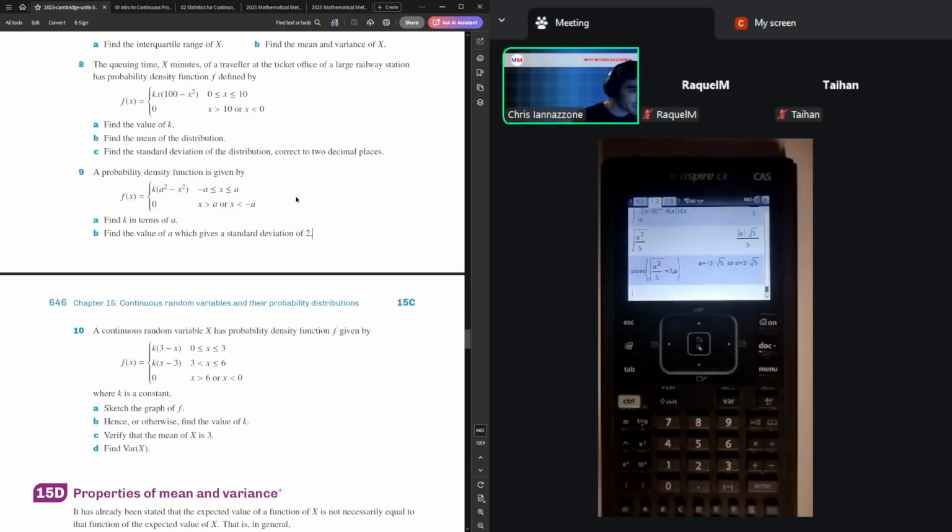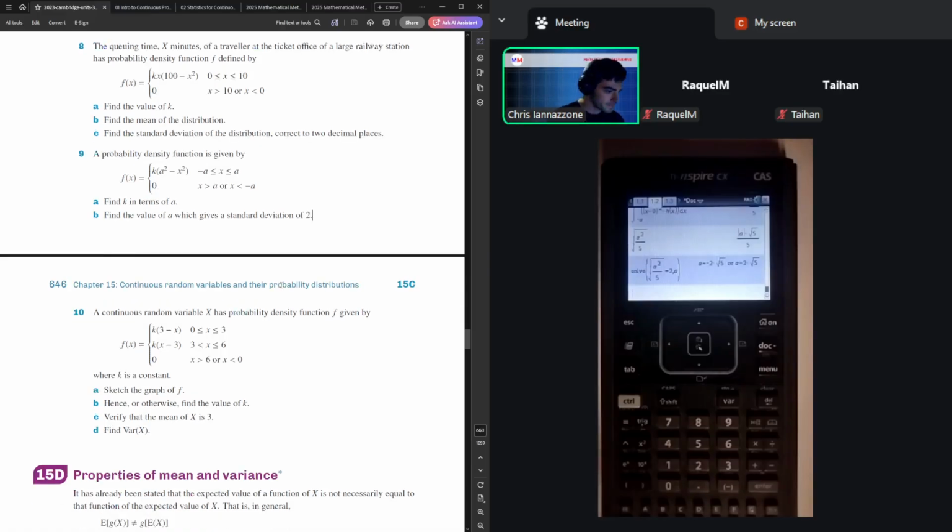If we think about the domain of a from negative a to positive a, because the domains go from left to right, it means that negative a needs to be a smaller number than positive a does. So if a is itself positive, then negative a becomes negative, positive a is positive. Whereas if you choose the negative root, negative 2 root 5, negative a now becomes a positive number, and positive a is now a negative number. Suddenly your domain is back to front. And so the only one that makes sense to take here is going to be the positive root rather than the negative root.